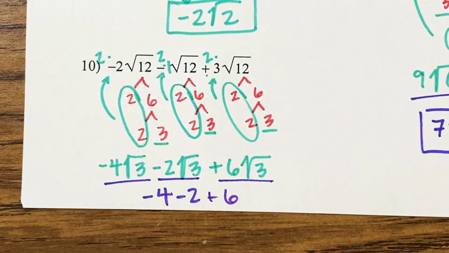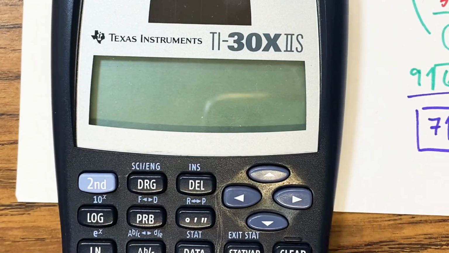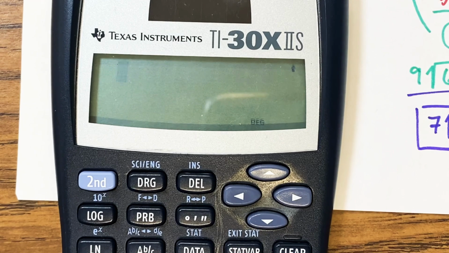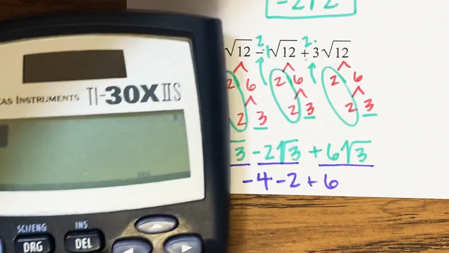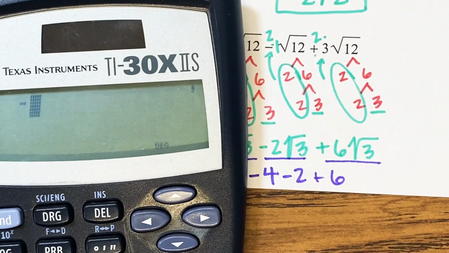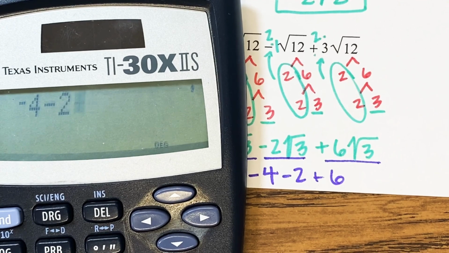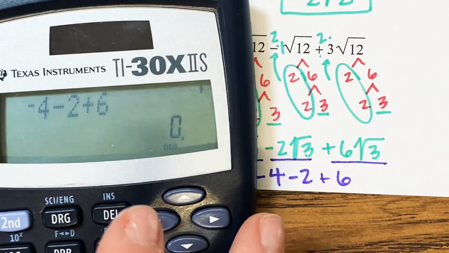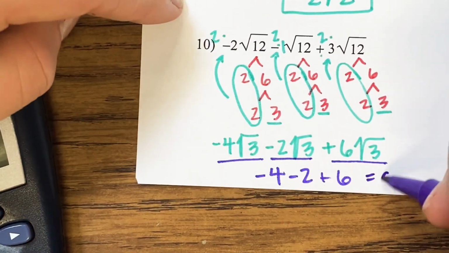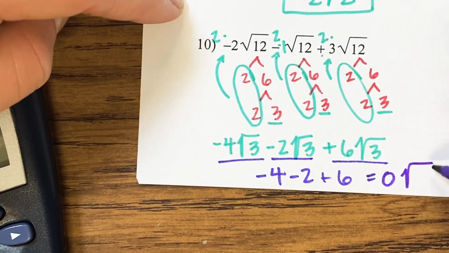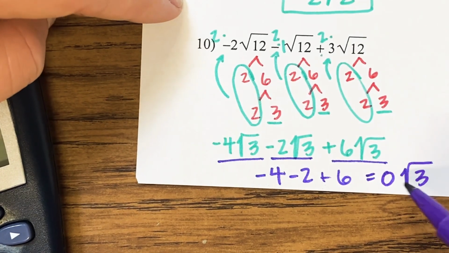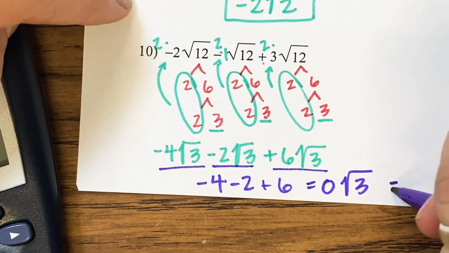Okay, if you want to do this in your head, you're more than welcome to. You can also do it on a calculator. I always allow that in here. Okay, so what was it? It was -4 minus 2 plus 6. And that's going to give us 0. Okay, well, 0 times anything, even √3, is 0.